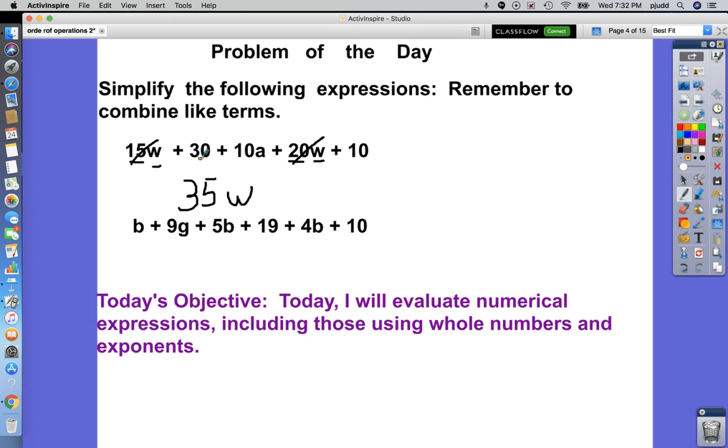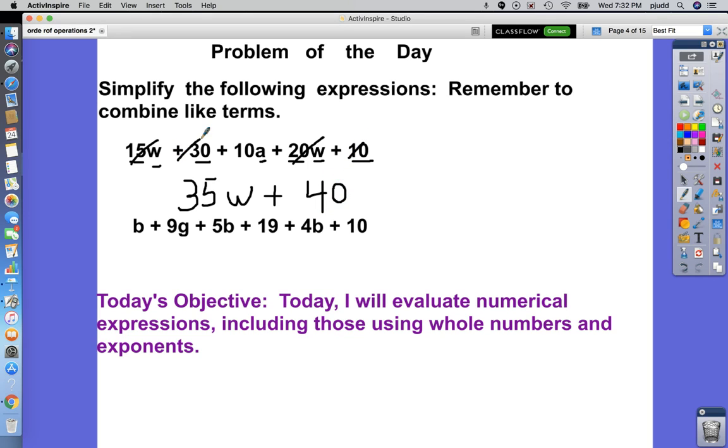And now I look at what I have left in my expression, and I have 30 plus 10A plus 10. Well, this has a variable. I don't see anything else with an A, so I know that I just can't combine that yet. So now I'm going to look at 30 and 10, and I know I can add my constants together, and 30 and 10 is 40.